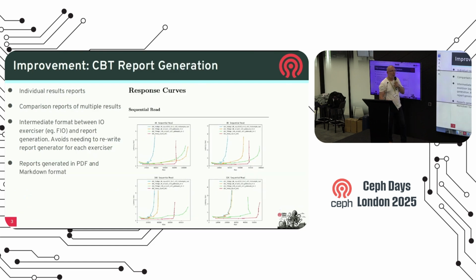What I mentioned about the report generation: we've developed some significant improvements to the processing of data to generate graphs like you see on the right hand side with response curves.